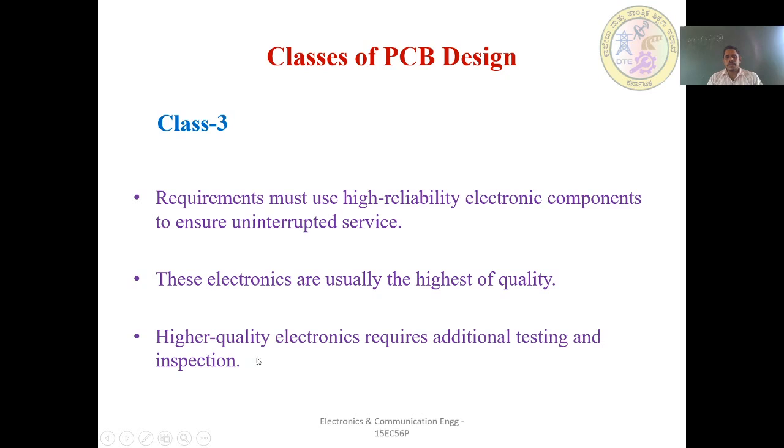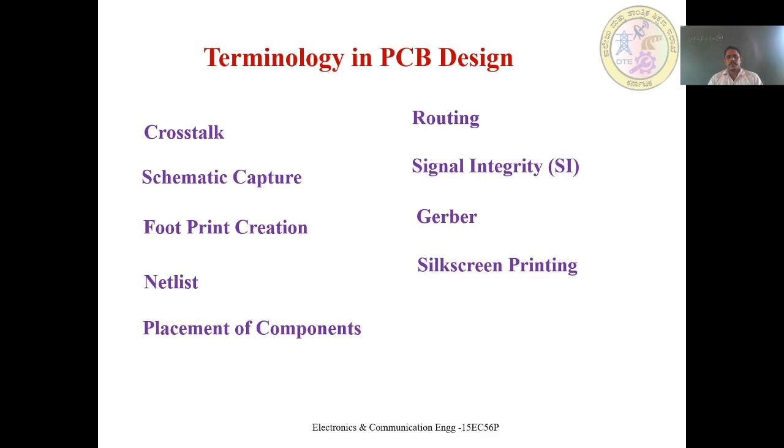The class 3 PCBs require additional testing and inspection, which adds cost to the product. Sometimes class 3 products require gold plating on the tracks for better conductivity in case of aerospace applications. These PCBs also come under the class 3 category.